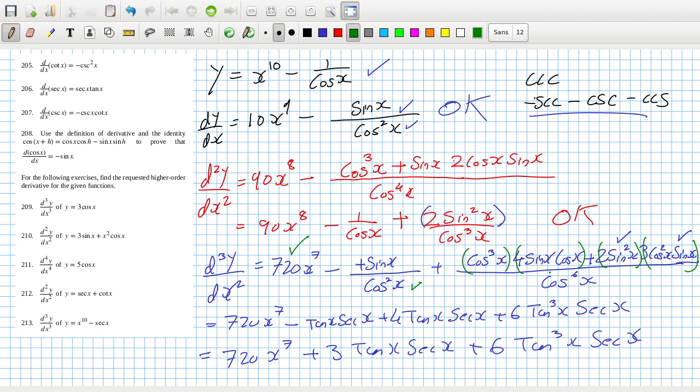So sine over cos makes a tan, and that will bring you to cos 5. And cos cubed and cos is cos 4. Cos 4 over cos 5 leaves a cos down below, so that's a sec.